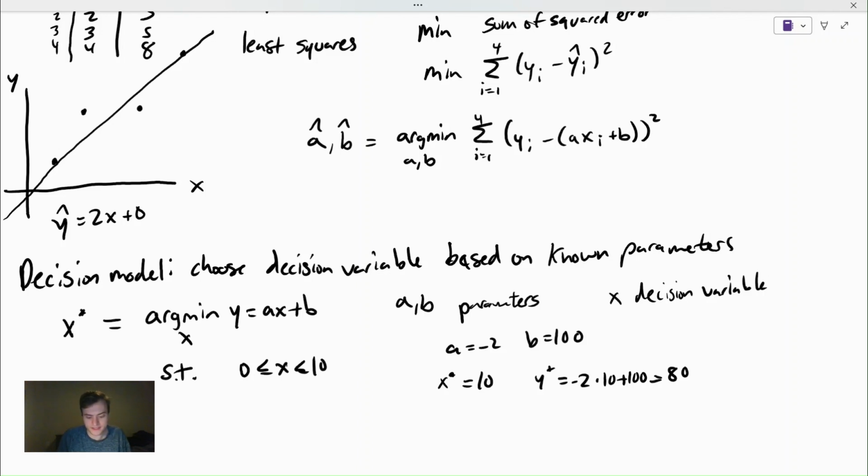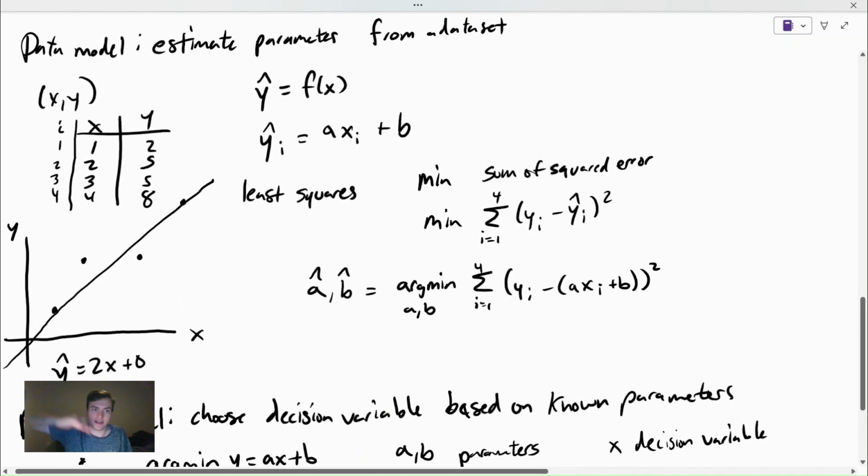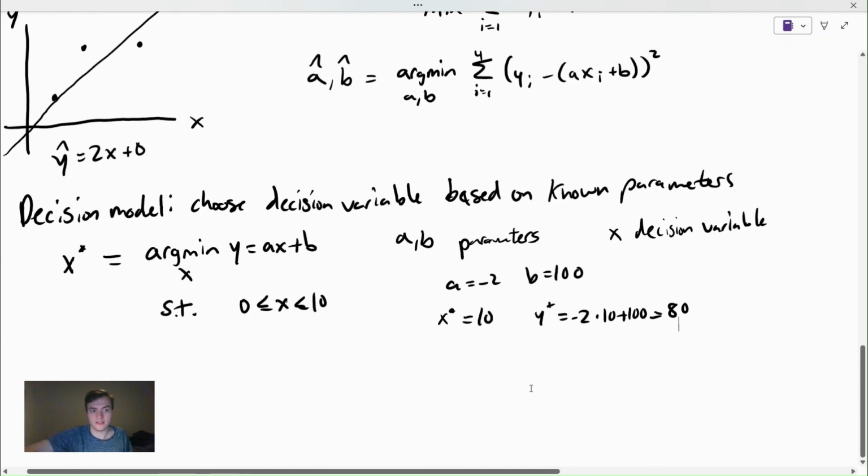We could use a data set to estimate parameters in a data model and then pass those parameters to a decision model to choose the value of decision variables. So in the layers, it's data collection, then data model, then decision model.